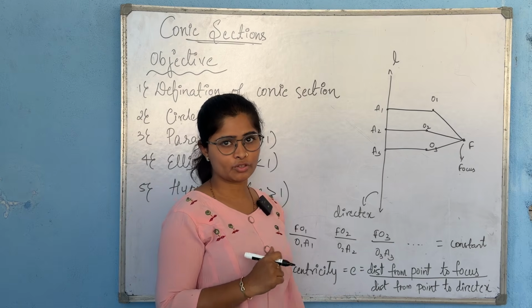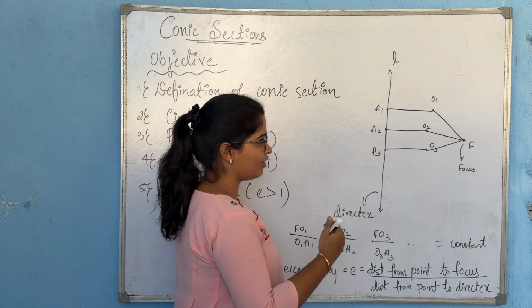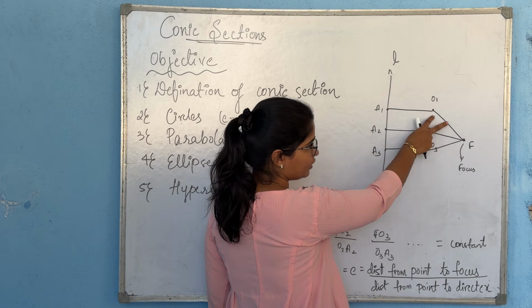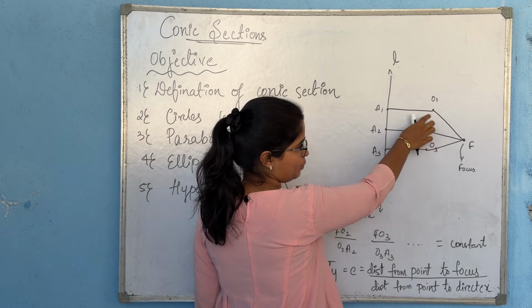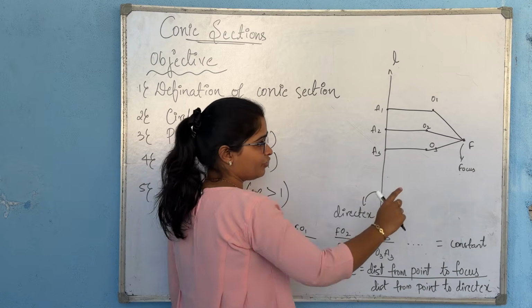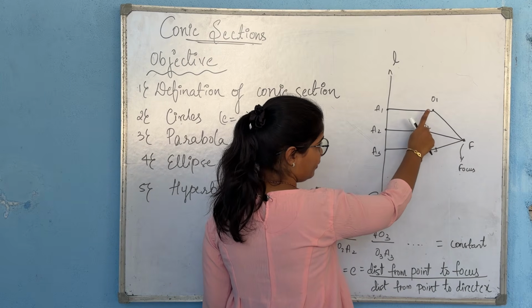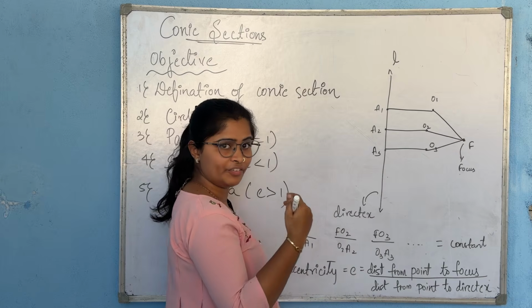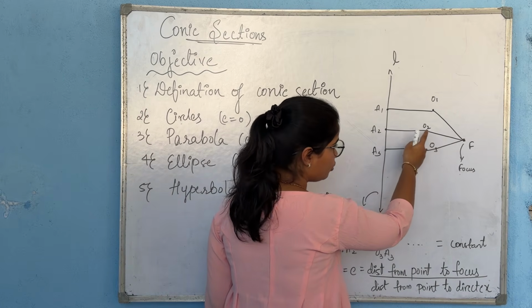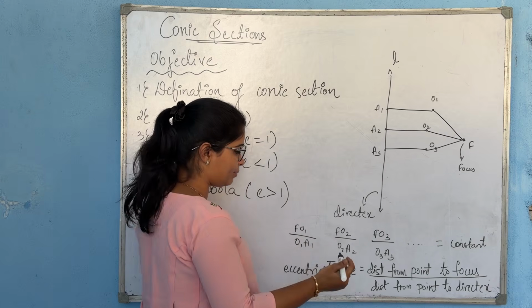Now, what the definition of conic section says is, when we consider the ratio of the distance from the point to the focus and the distance from the point to the fixed line, that ratio will be the same for all points.